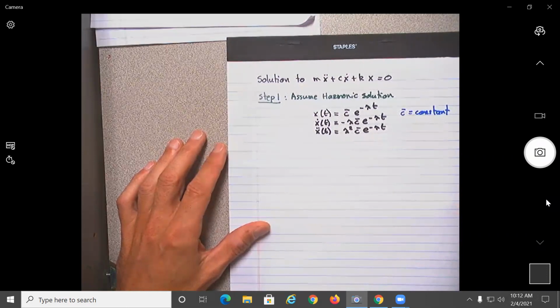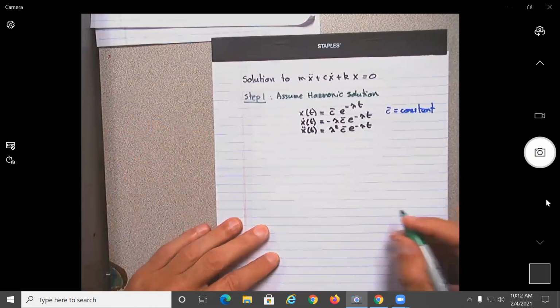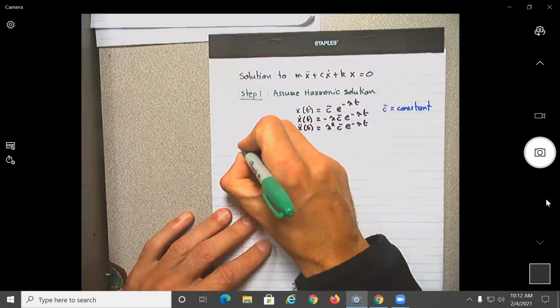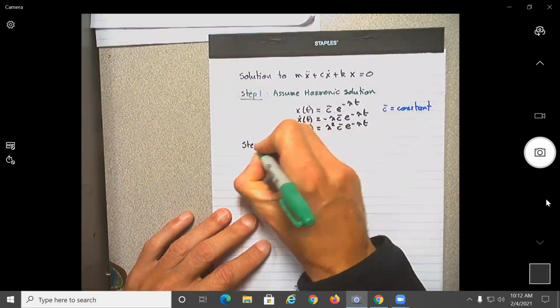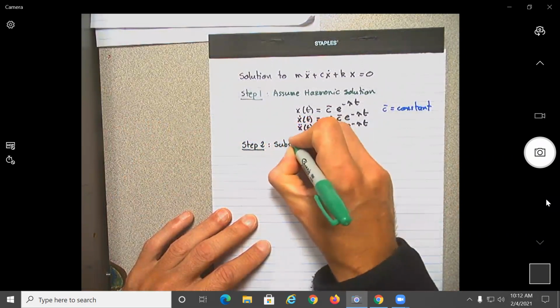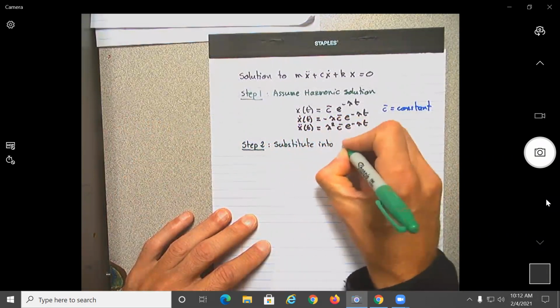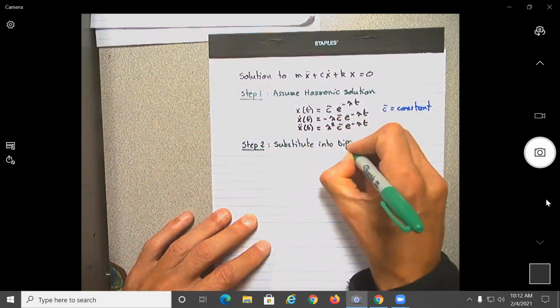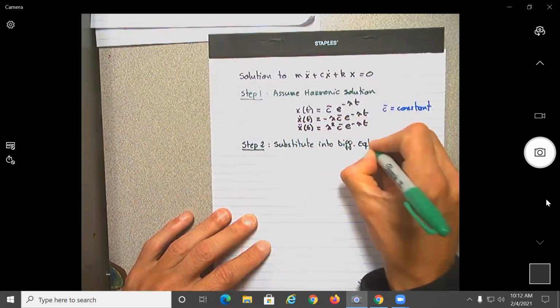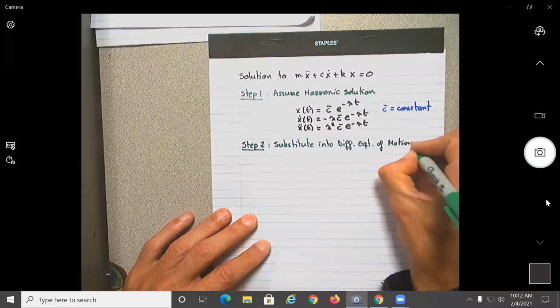Okay, what is step 2 all the time? All the time the same thing, there are 3 steps, so this will be step 2: substitute into the differential equation of motion.